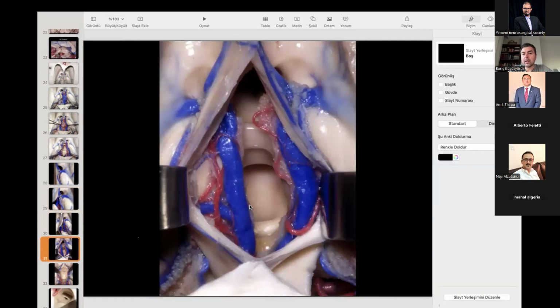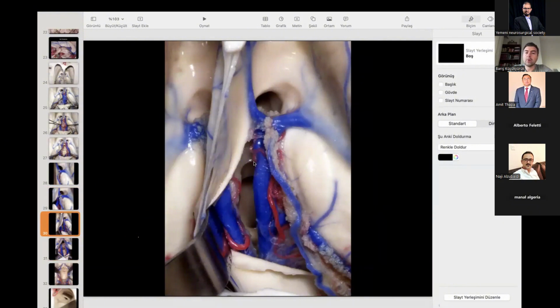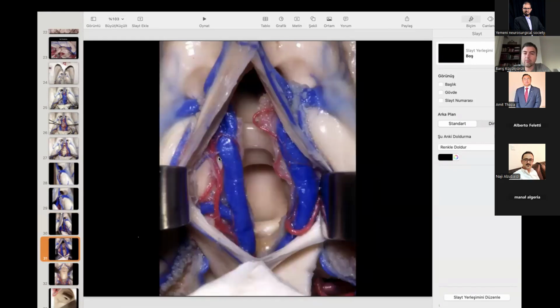This opening can be obtained interfornicially, but arguably, if we go through the transchoroidal route, there's a possibility of damaging or destroying only one fornix, while the contralateral fornix will be saved. But the disadvantage is that we have a view from a lateral angle, so the ipsilateral internal cerebral vein can partially block our view. The interfornicial approach will provide a midline and maybe a more enlarged view.